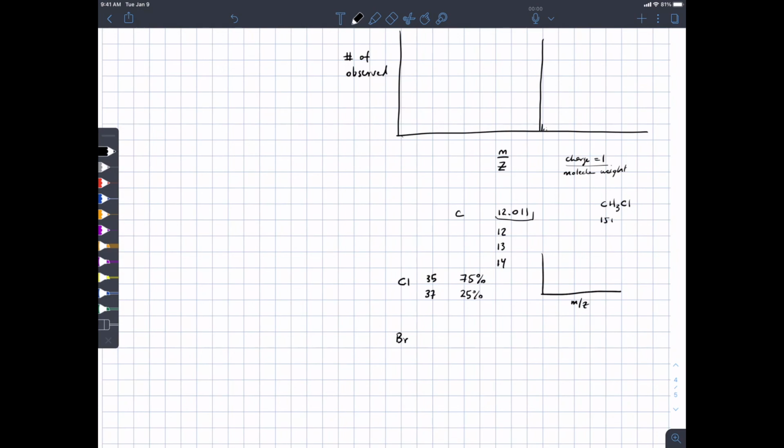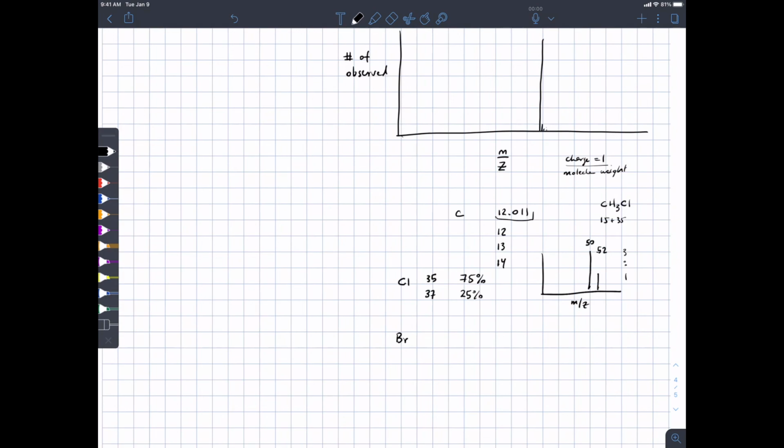Already 15 plus 35, 50, yes? So you would see a peak at 50, and then you'd see another peak at 52. And their relative intensities would be sort of 3 to 1.